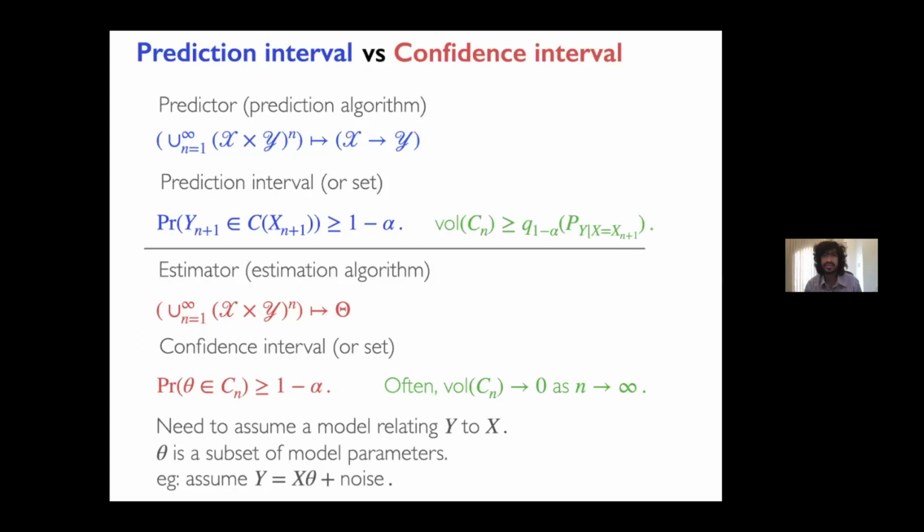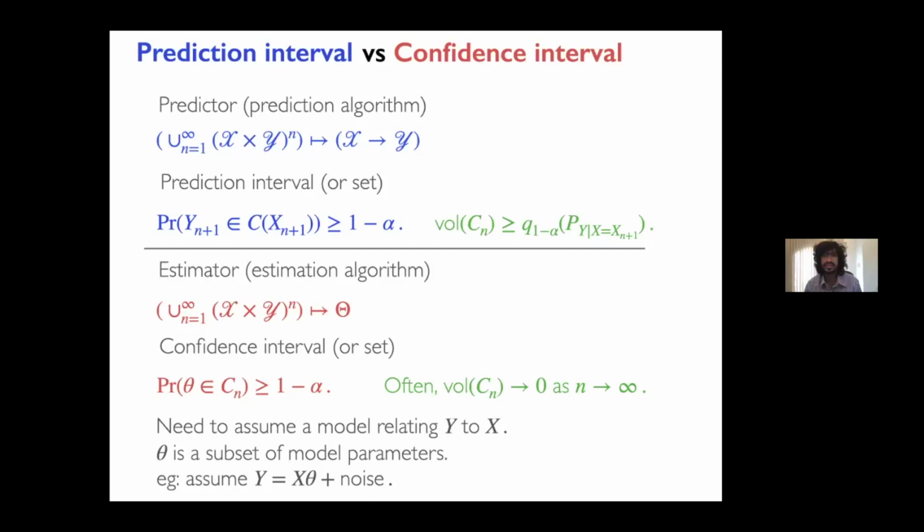So the best possible prediction interval an oracle would have is it would take the conditional distribution of y, given that x is x_{n+1}. So that's some distribution. It would take the 1 minus alpha level set of this distribution, and that's the best possible oracle set, and that has some non-zero volume, and so the volume of any set we construct must be larger than that, and as n goes to infinity, it will converge to that non-zero value, and there's no way around that.